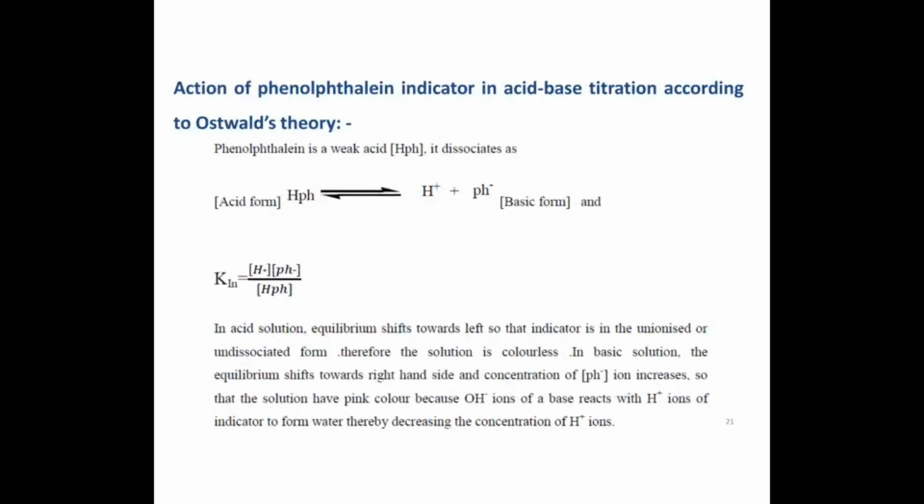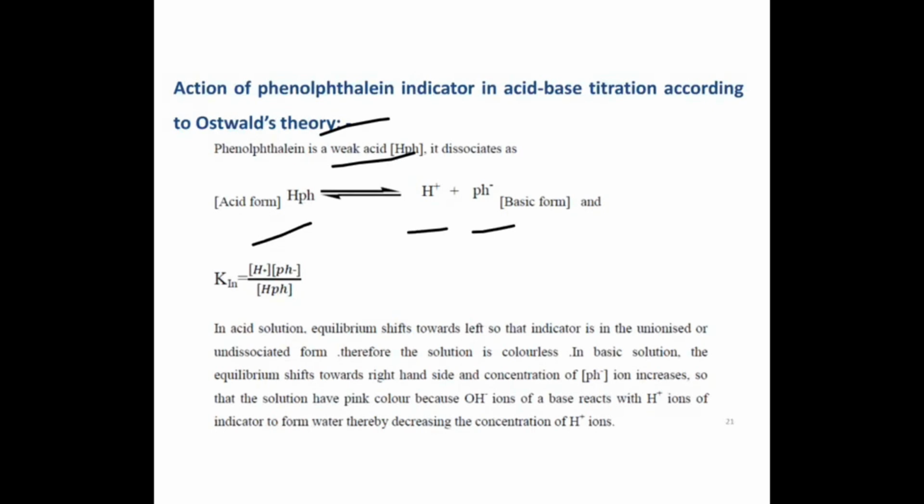Next is the action of the phenolphthalein indicator in acid-base titration according to Ostwald's theory. Here we are going to discuss phenolphthalein as a weak acid. Phenolphthalein is a weak acid, which dissociates to give H plus and Ph minus.